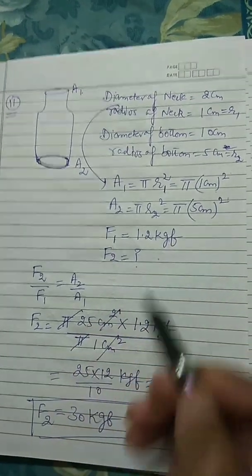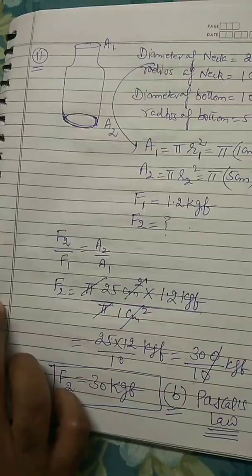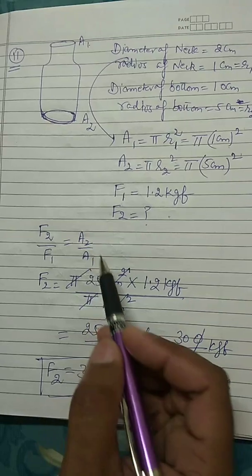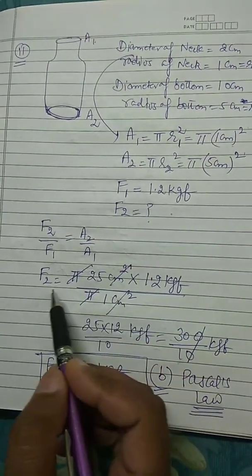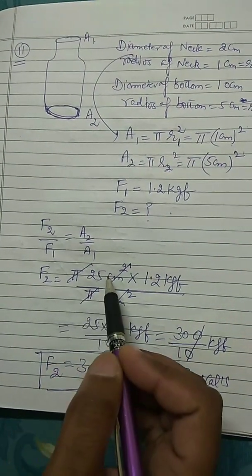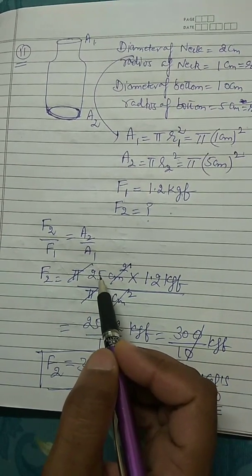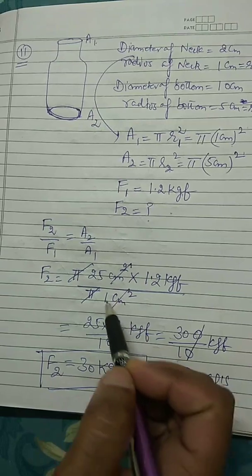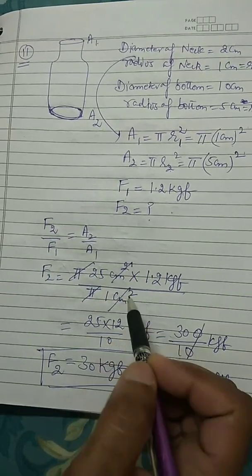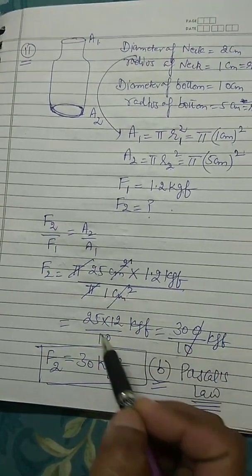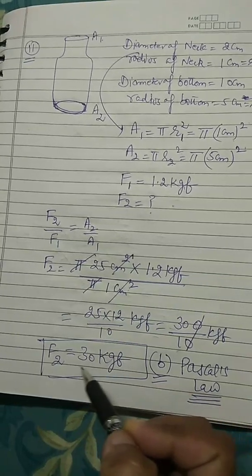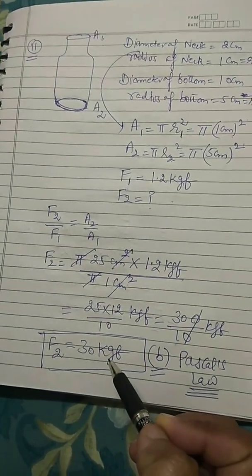F1 is given, F2 we want to find. Apply the formula, F2 upon F1 is equal to A2 upon A1. The pi will cancel out. By squaring, r2 square gives 25 centimeter square, and here 1 centimeter square, the centimeter square cancels. After solving, you get F2 equal to 30 kgf.